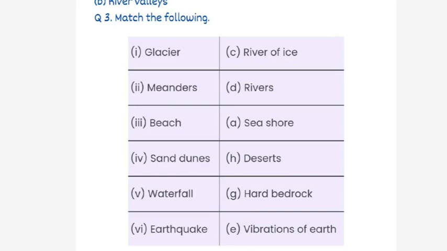Second, meanders. In front of that write rivers. Third one is beach. In front of that write seashore.